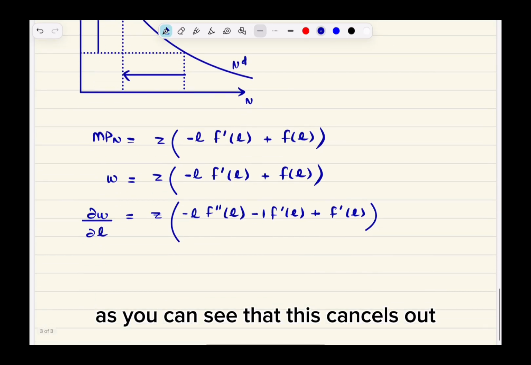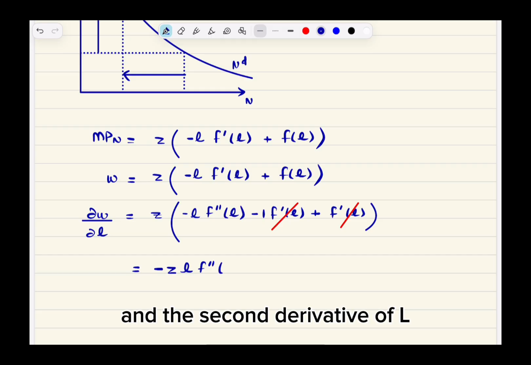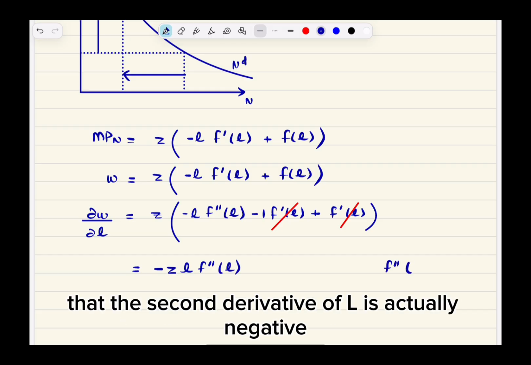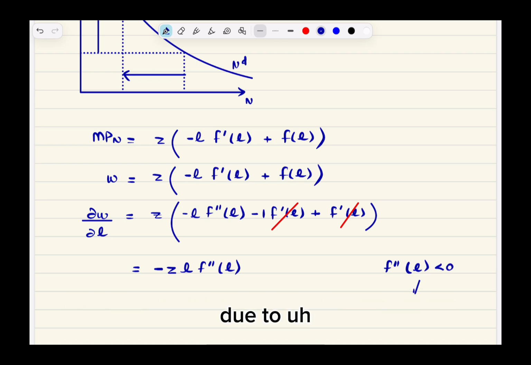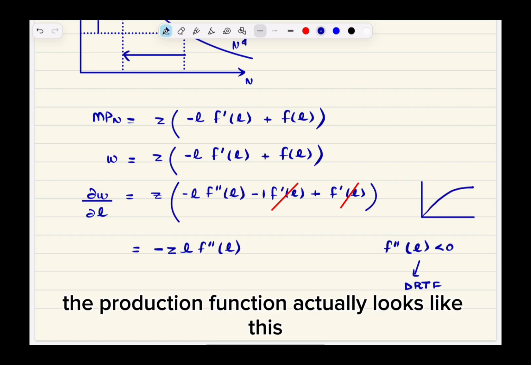As you can see, this cancels out, and then we have a minus ZL and the second derivative of L, which we know is actually negative due to diminishing returns to factor, which we've shown by showing that the production function actually looks like this.